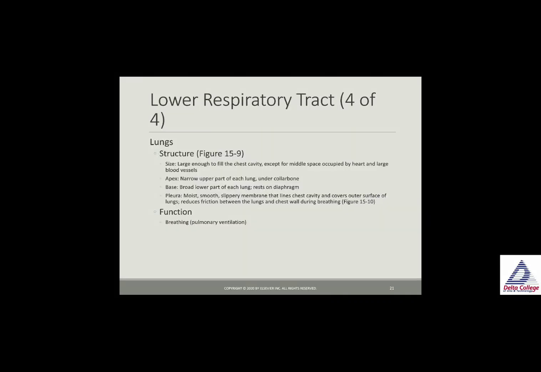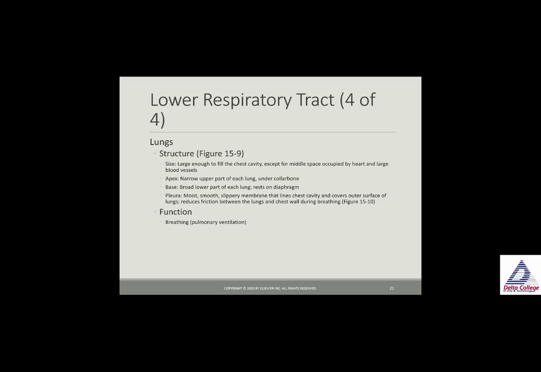Now let's talk more about the lungs themselves. The lungs are large enough to fill the chest cavity, except for the middle space occupied by the heart and large blood vessels. The apex of the lungs is the narrow upper part of each lung under the collarbone. The base of the lungs is the broader part of each lung that rests on the diaphragm.